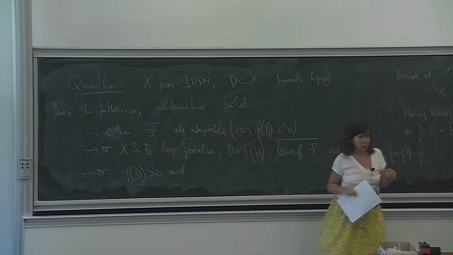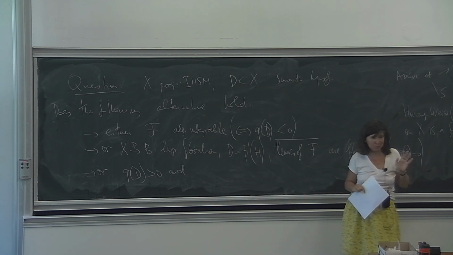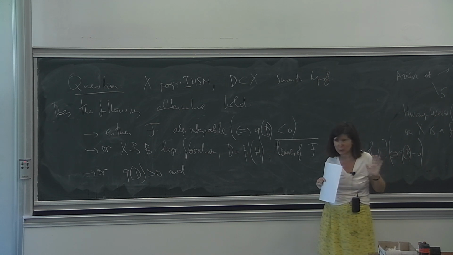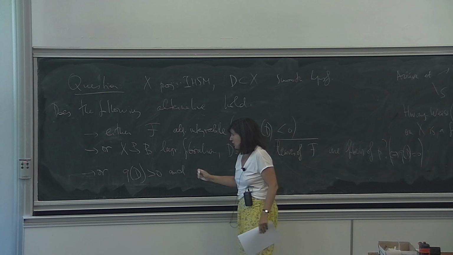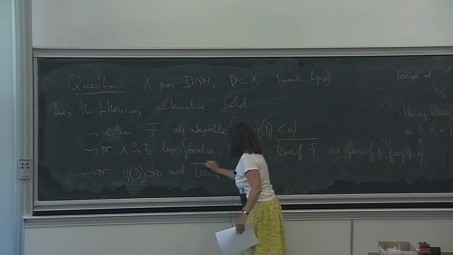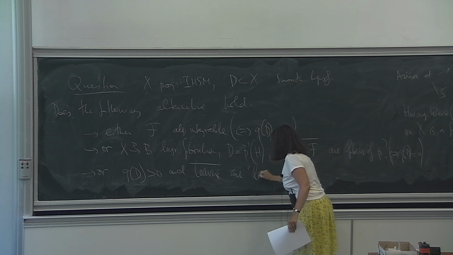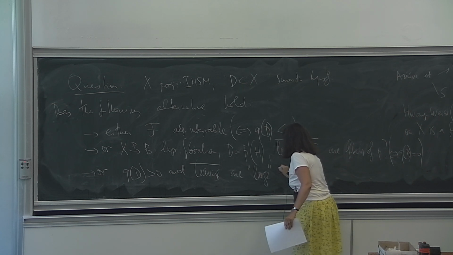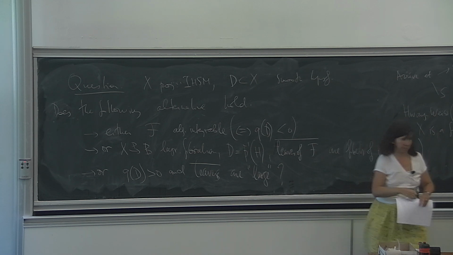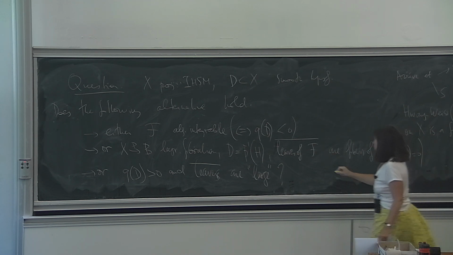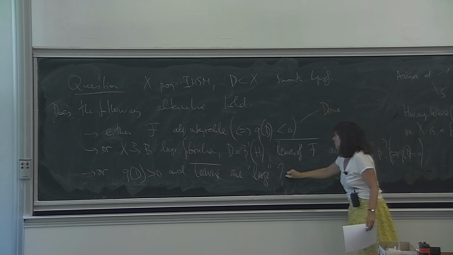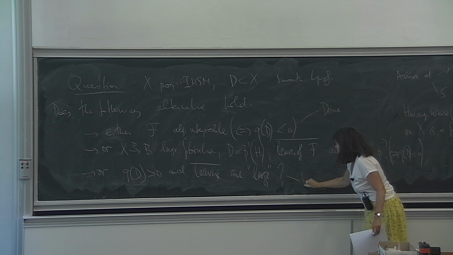Maybe Georgia or some other people who know more about foliations can tell whether this is too bold or have any chance to function. Leaves are large. So, of course, this case is mysterious. This case is done. This case is hard.